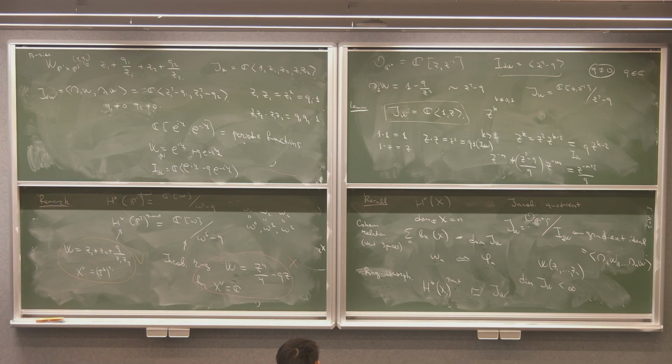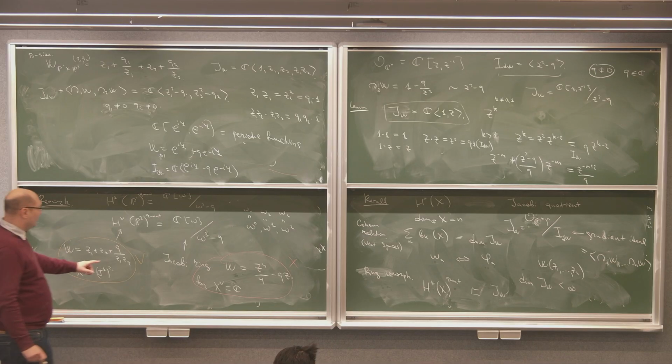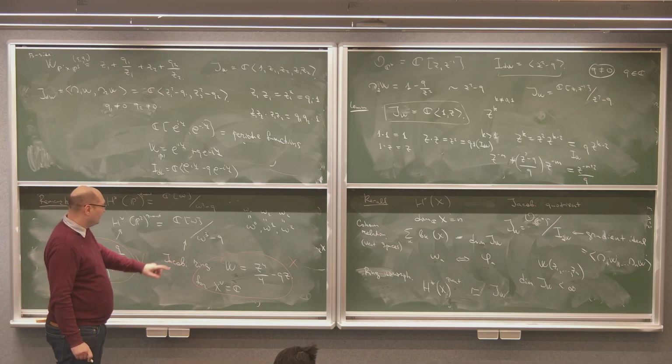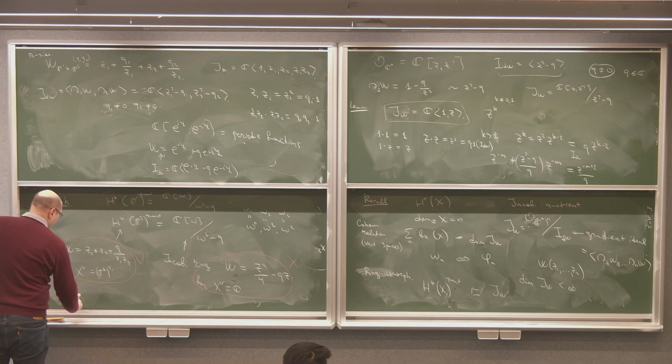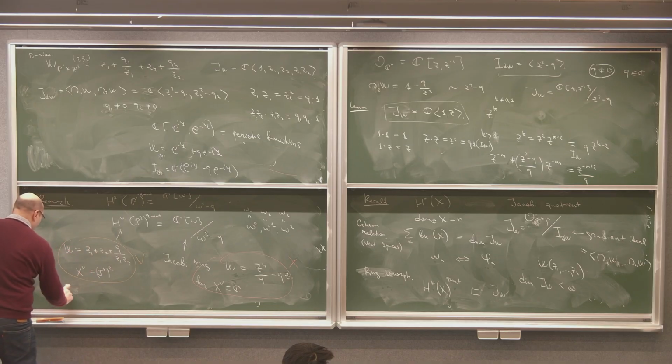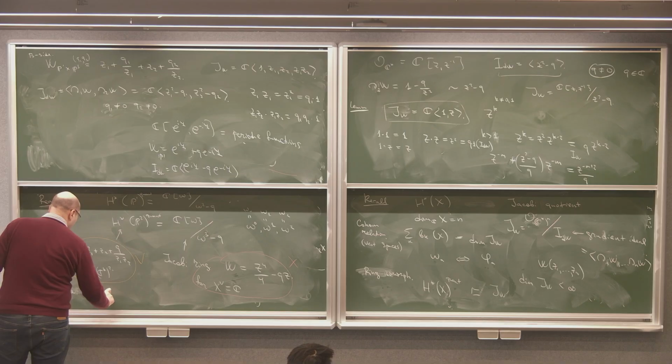For this mirror, Z2 means which class in P2? Is it omega squared? For which mirror? For the correct mirror. For the correct mirror, you can show that in the Jacobi ring we can choose a basis 1, Z1, and Z1 squared.